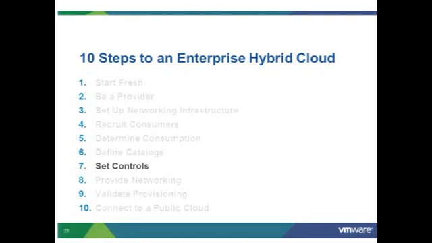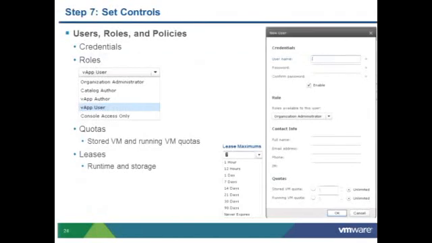So we're up to step 7 now, which is let's define some controls for access and policies. So at the cloud level, we've got a system administrator, which you don't see here. But then once we set up the cloud, for each organization, we have these various roles to administer that organization.